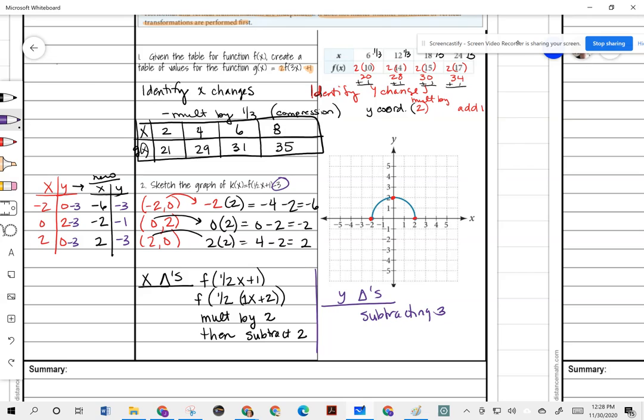So now I've got -6, -3. I've got -2, -1. And then I've got 2, -3. And you can see that this is going to be that transformation.